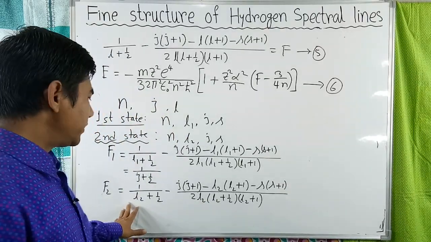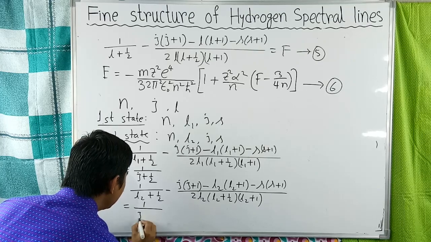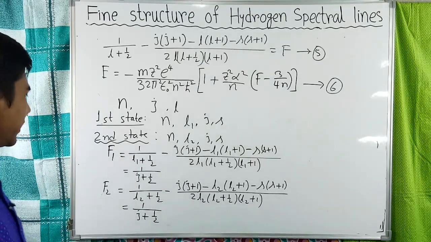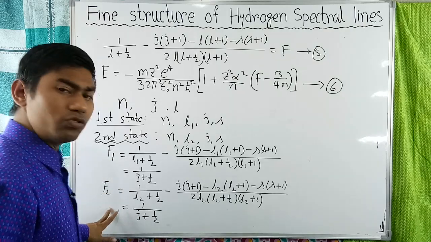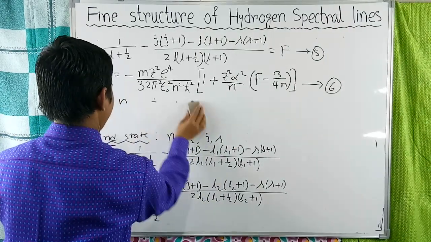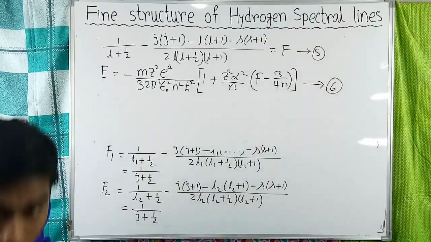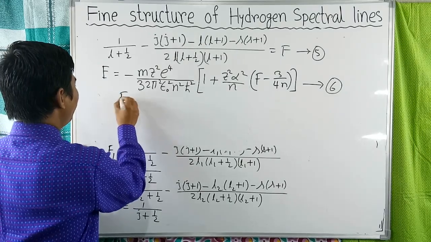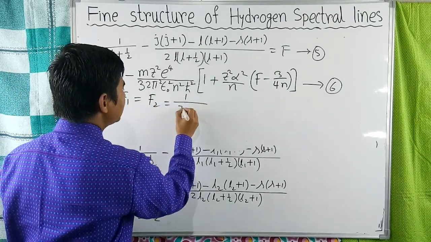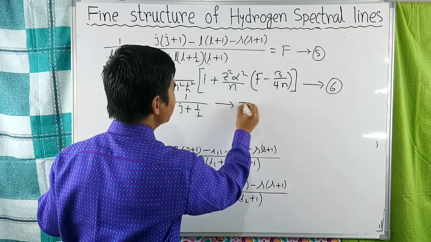Now if we calculate this, then we will get this equals 1 by j plus half. Hence we get f1 equals f2, so we can write f1 equals f2 equals 1 by j plus half. Suppose this is equation 7.